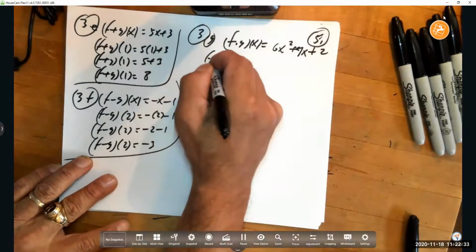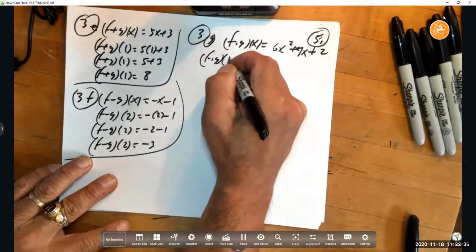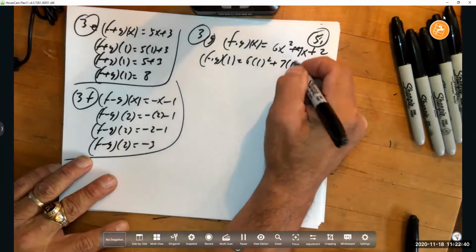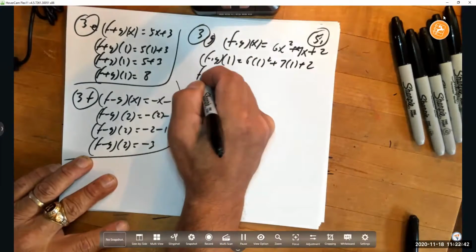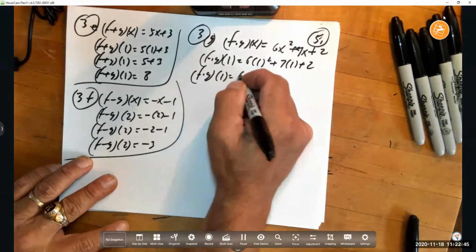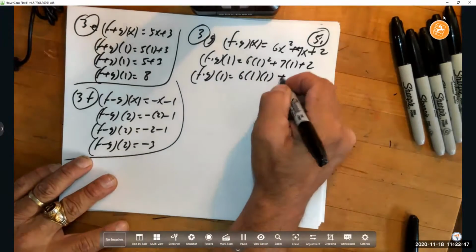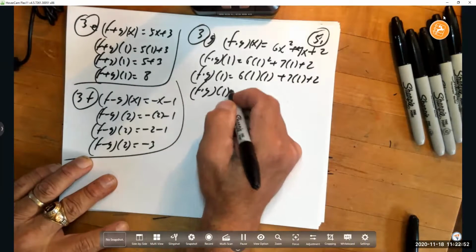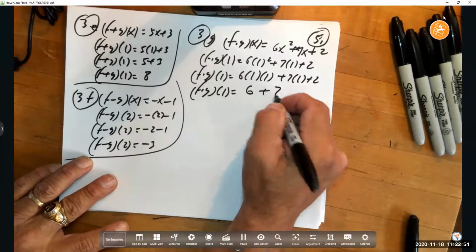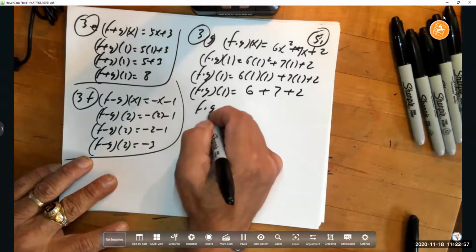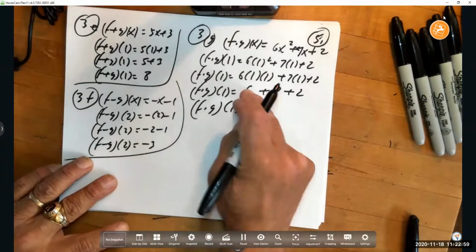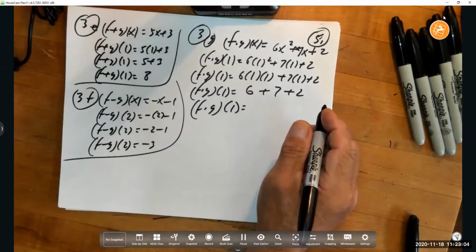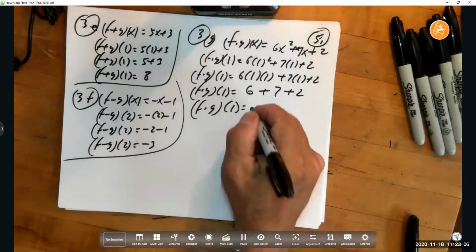Okay, so f times g of the number 1 is going to be 6 times 1 squared plus 7 times 1 plus 2. f times g of 1 is going to be 6 plus 7 plus 2. That's 13, and 2 more is 15. That's it.